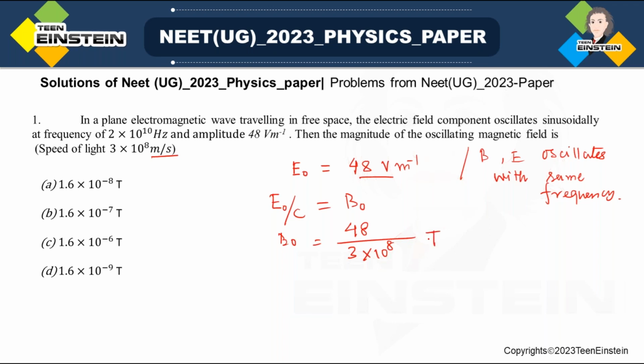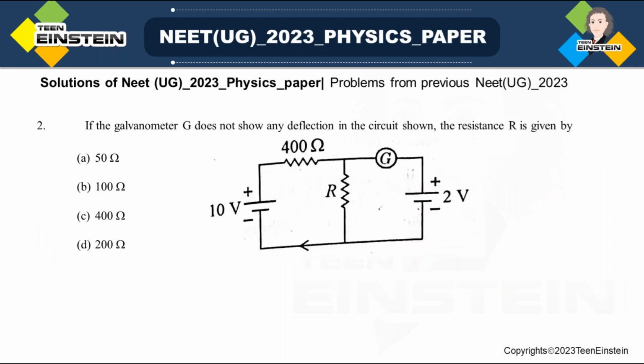So this will be in Tesla, since it is in SI unit. So you look here, it will be 16 into 10 to the power minus 8 Tesla. If you make it 1.6, then it will be 10 to the power minus 7. Okay, this is 10 to the power minus 8. So this is the answer. Okay, so this was very simple question.